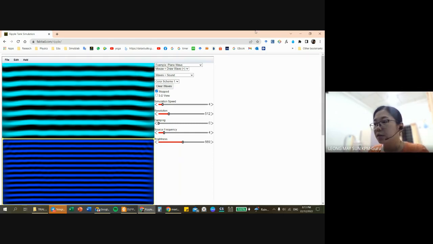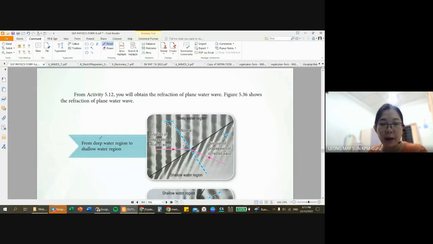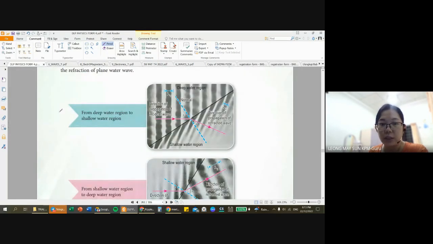So over here, what happened is refraction of wave, whereby the wave is moving from a deeper region to a shallow region. When you move from a deeper region to a shallow region, number one, the wavelength decreased.